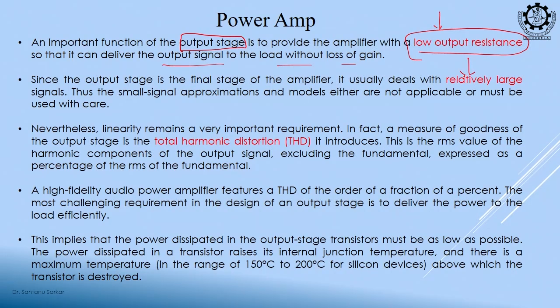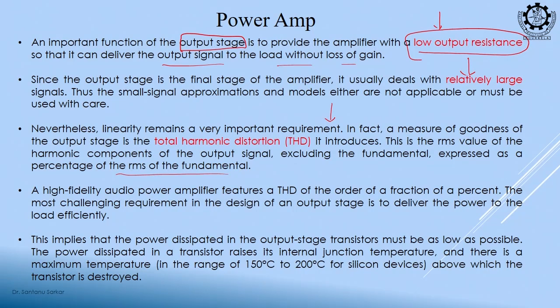Generally, as the output swing is large, small signal approximation is not useful, and for linearity another term is useful, that is called the total harmonic distortion. From the name total you can understand this is a summation of all the harmonics, and it is generally expressed as a ratio of all the harmonics power to the fundamental power, percentage of the RMS of the fundamental.